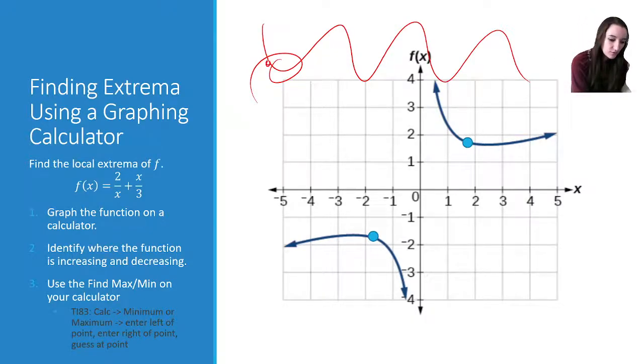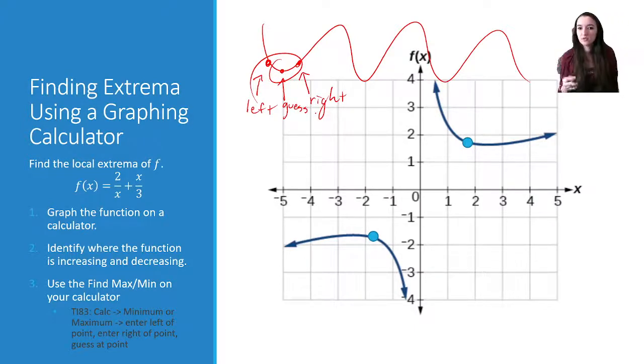So you're going to pick a point over here as the left, and you'll pick something over here as the right, and then when it says guess, you'll just try to get close to it so that it really has no ambiguity about what you're asking for, and then it will calculate for you what the x and y value of the actual minimum are. Your guess doesn't have to be accurate, or else what would be the point? It's just a guess at what you're trying to find.